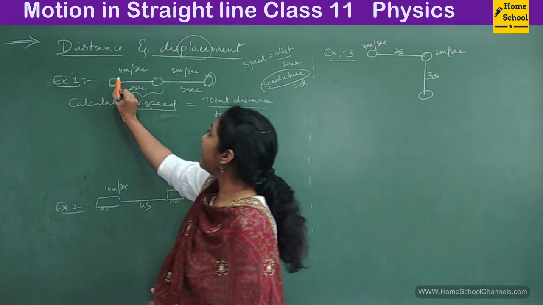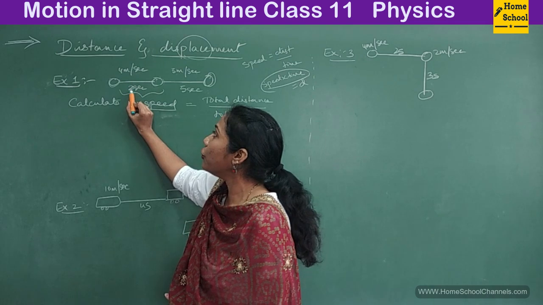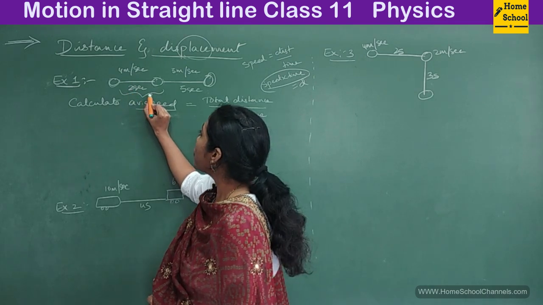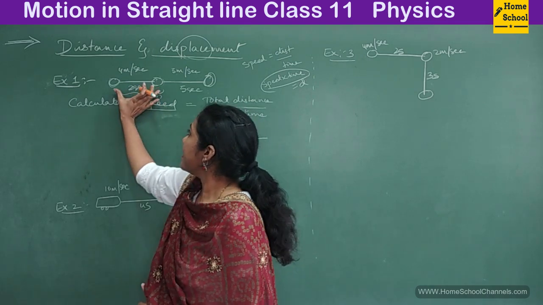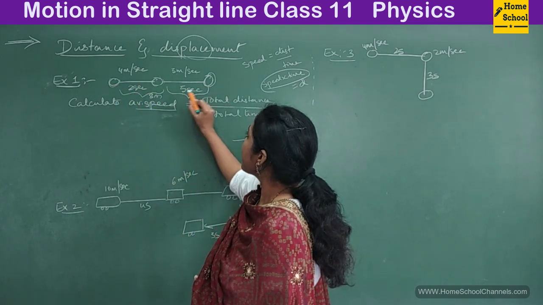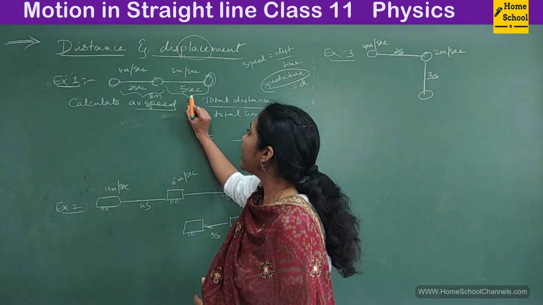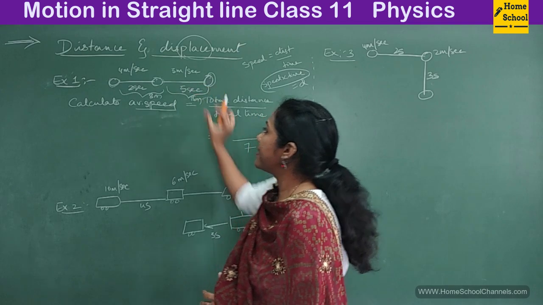Speed is 4, time is 2, so 4 into 2 is 8. So 8 meters is this distance. And what about this distance? 3 into 5, 3 fives are 15. So 15 meters is this distance.